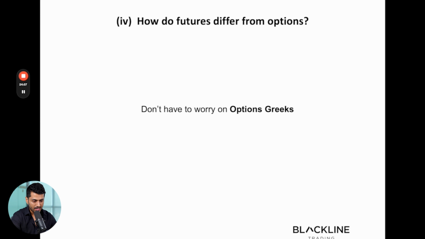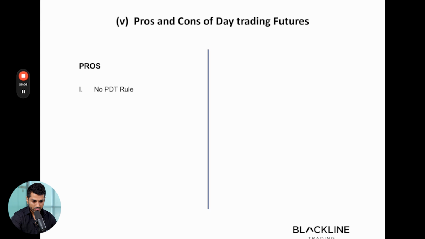So with that being said, let's quickly summarize the benefits and cons of trading futures. The first major benefit of day trading futures is that there's no PDT rule. Those of you who actually trade know what exactly the PDT rule is, but let's explain that very quickly.